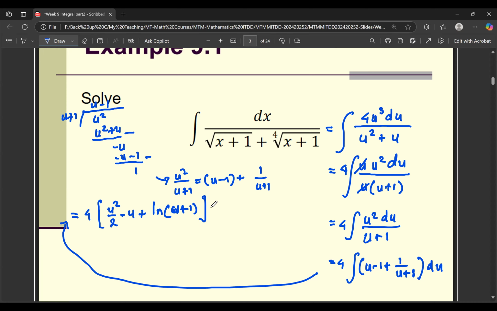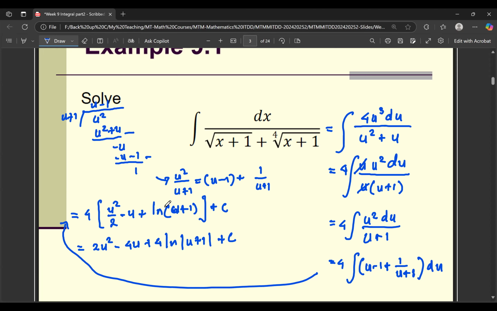And maybe we must get the constant c outside. So multiplied by 4, we have 2u squared minus 4u plus 4 ln of u plus 1, plus c.